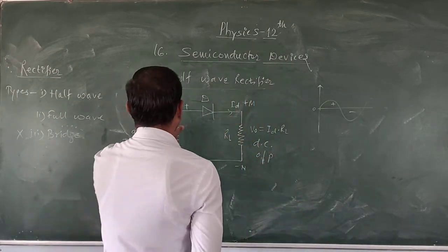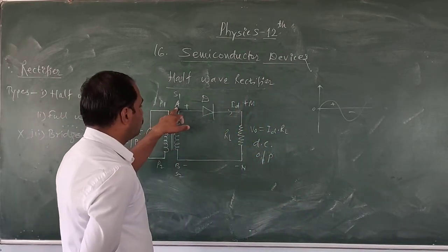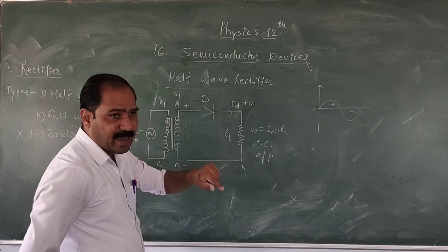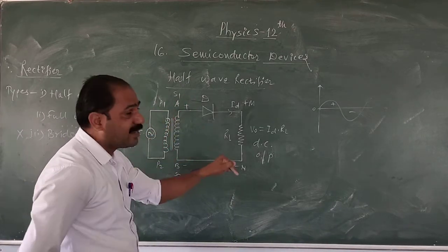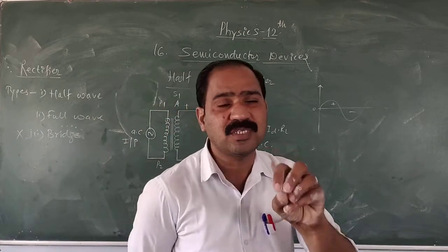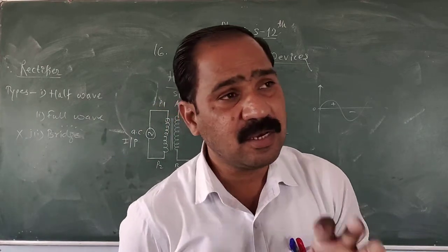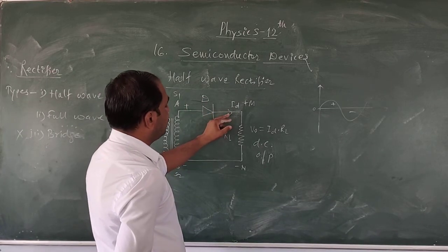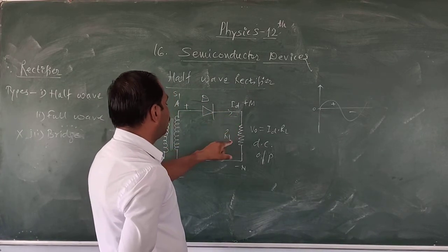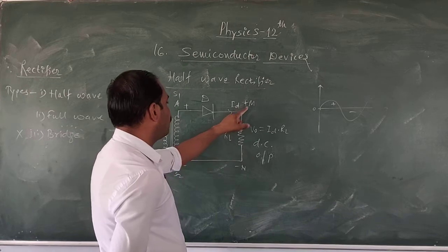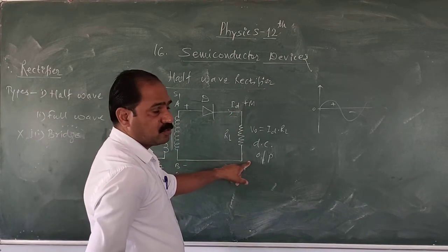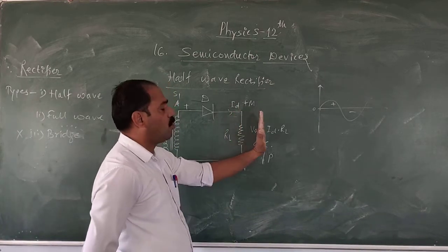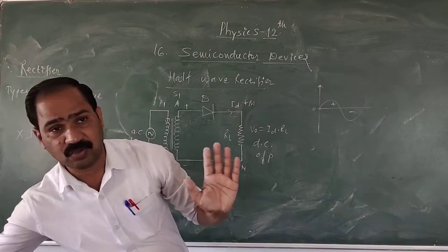Means when A is at the positive potential, diode D is forward bias and it conducts and it behaves as a closed key. Therefore, current flowing to the diode is ID, and this current ID flows to the load resistor RL from point M to M. So we get here the output signal for this cycle, positive half cycle.